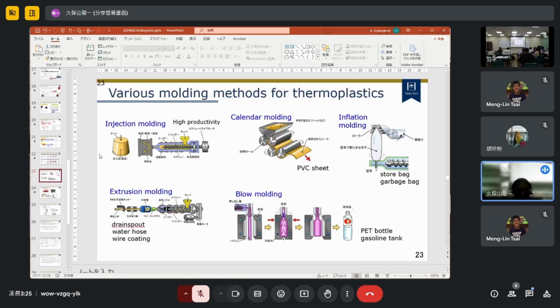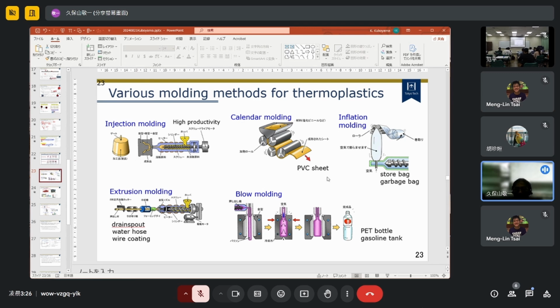Okay, and there are many kinds of molding methods for plastic. And a popular one is injection molding. At first you melt the sample in the cylinder, and after that inject the melted sample into the metal mold and cool the mold, and after that you can remove plastics with many kinds of shapes.